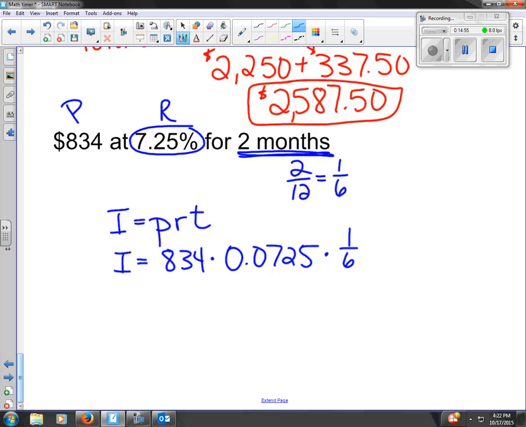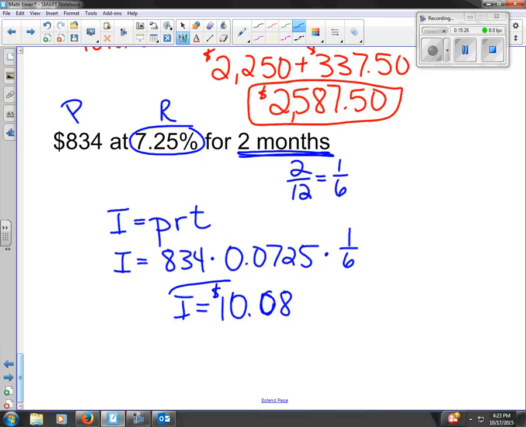So 2 months out of the 12 months of the year. So 1 divided by 6 times 0.0725 times 834. You get an interest of $10 and 7, nope, we round, and 8 cents.